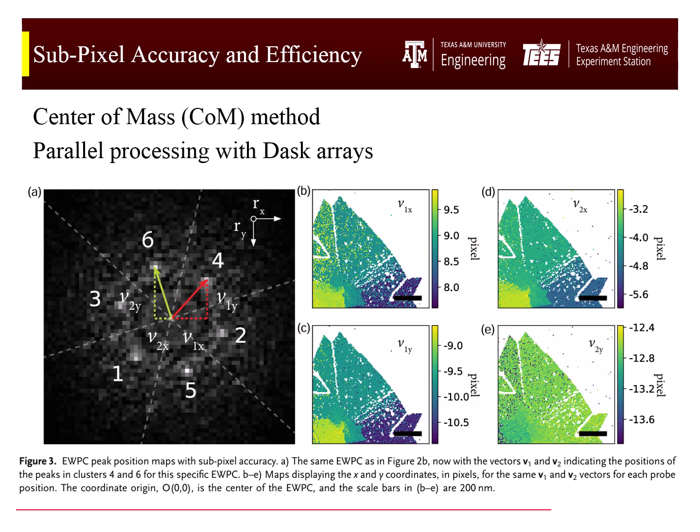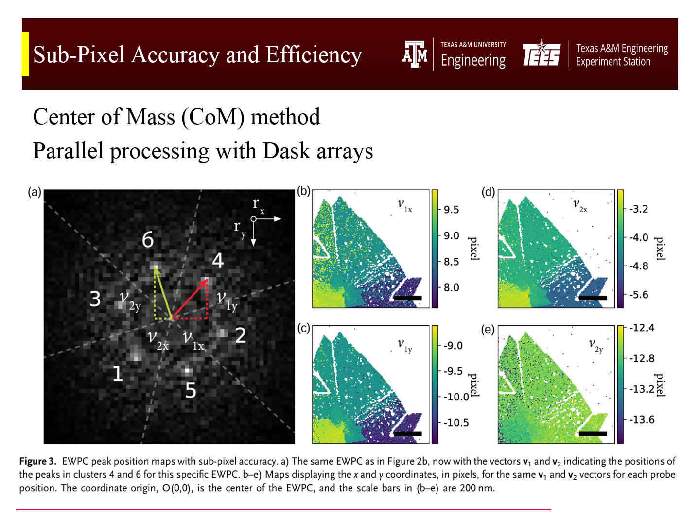The technical innovation here is achieving subpixel accuracy in peak location. Initially, the difference of Gaussian method gives peak positions to the nearest pixel. To refine this, this work applied a small circular mask, the radius of which is 2 pixels, around each detected peak and computed the center of mass of the intensities. The method greatly enhanced the precision, crucial for high-fidelity strain and rotation maps. This work also optimized computational efficiency using Dask arrays for parallel processing rather than the NumPy arrays that are broadly used.